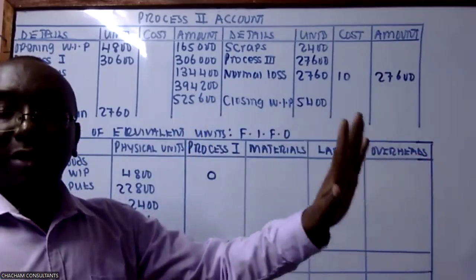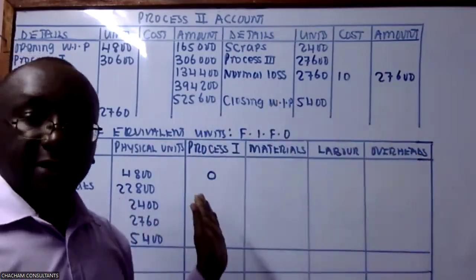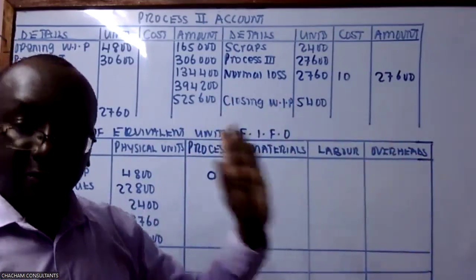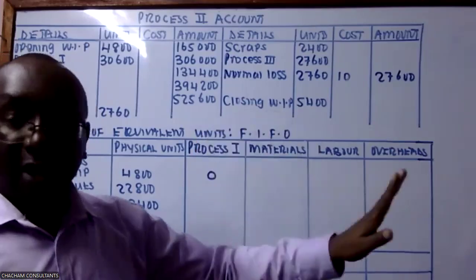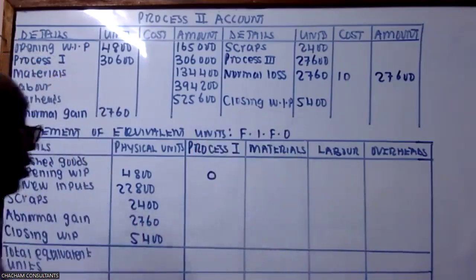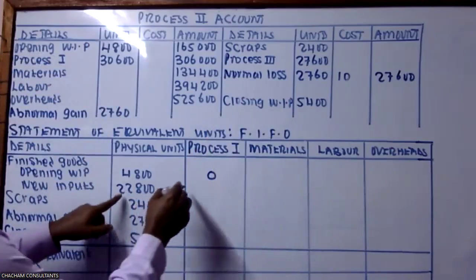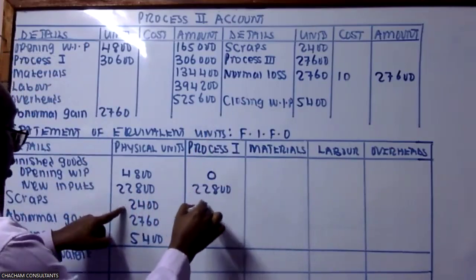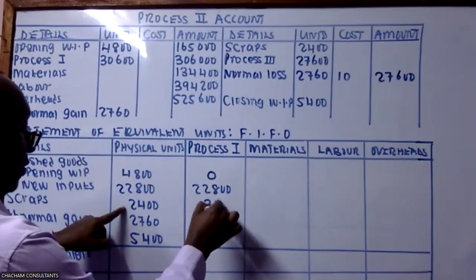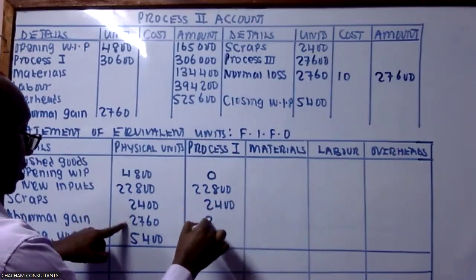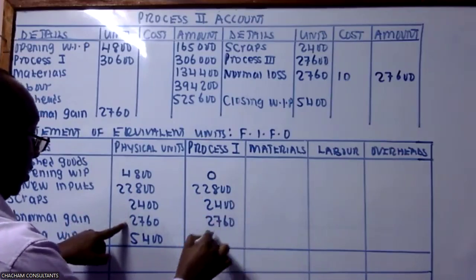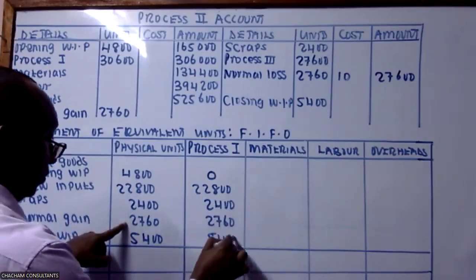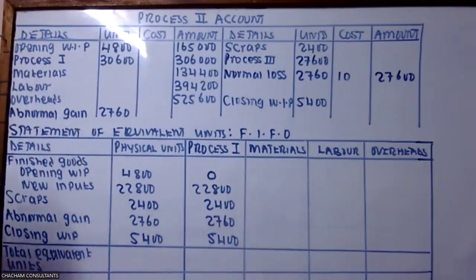There is no way you can be in section 4 and you haven't finished section 3. So if you come to 4, already you are done with 3. So these ones we put like this: 28,800, this 24, this one 2760, and this one. That is put as full, the previous process.